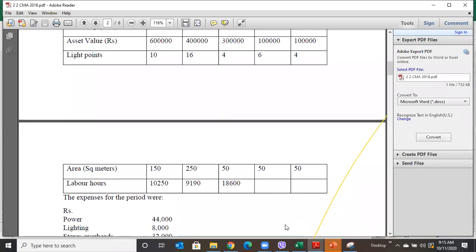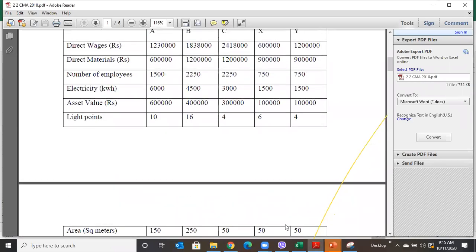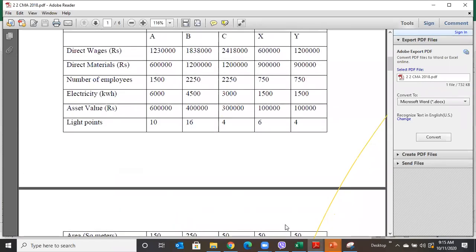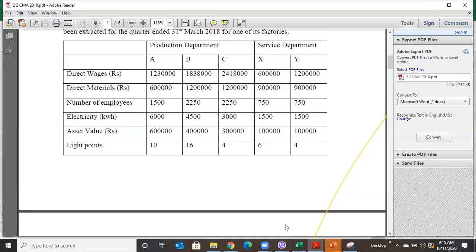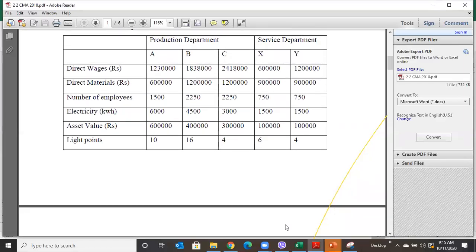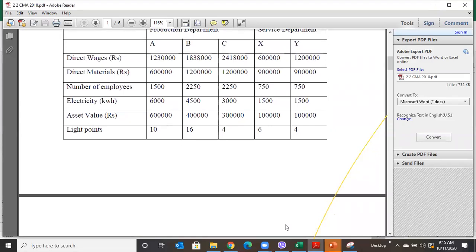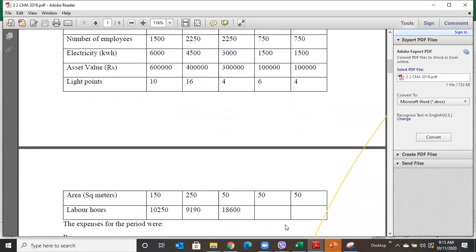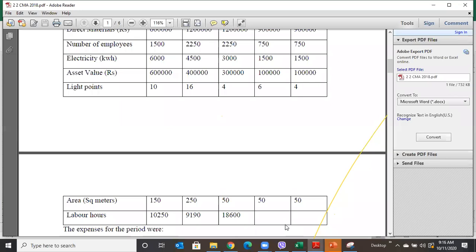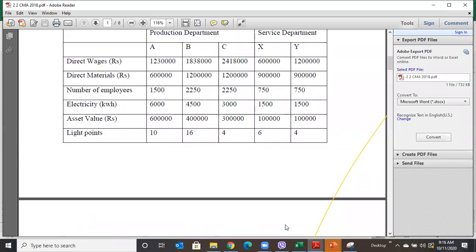Area. Stores assets value, light points, assets values, number of employees.